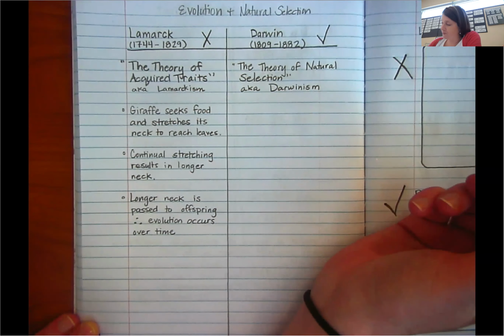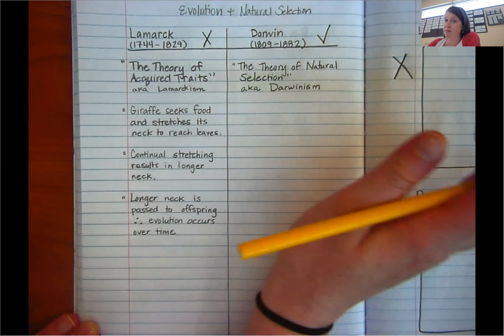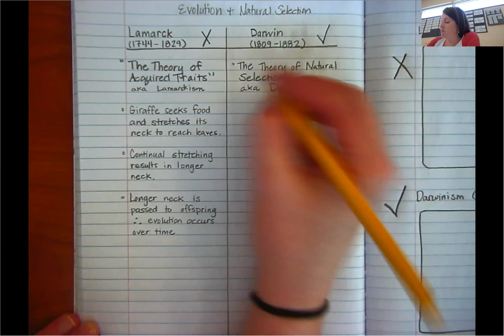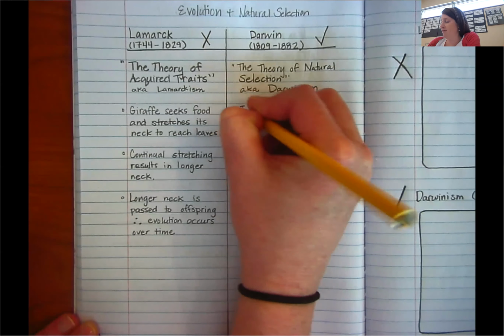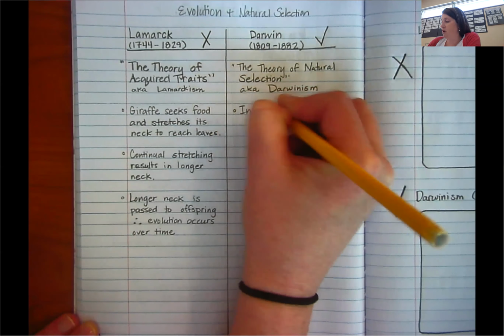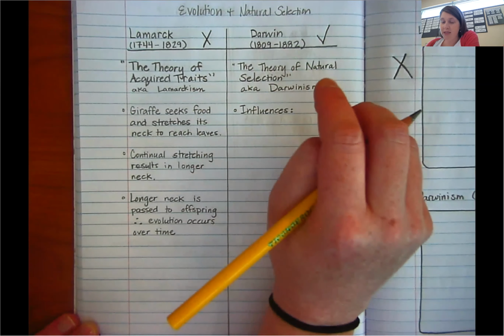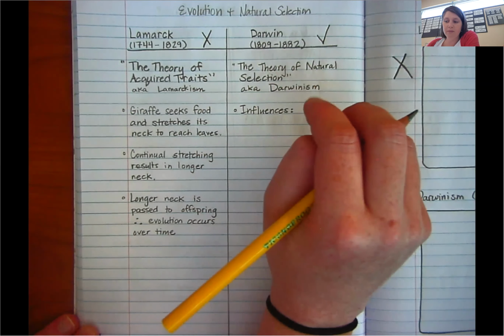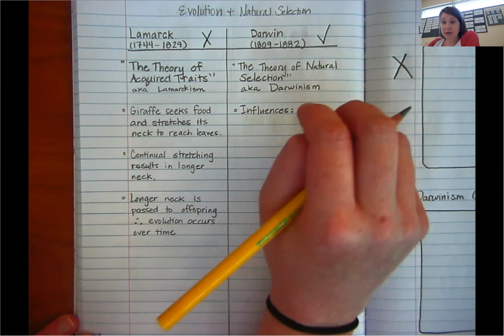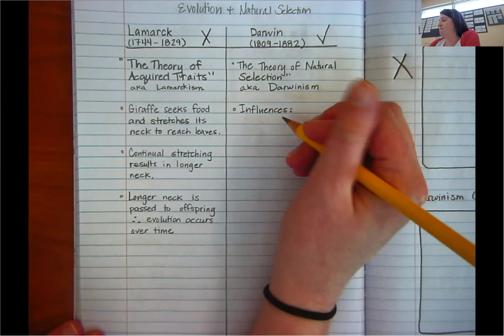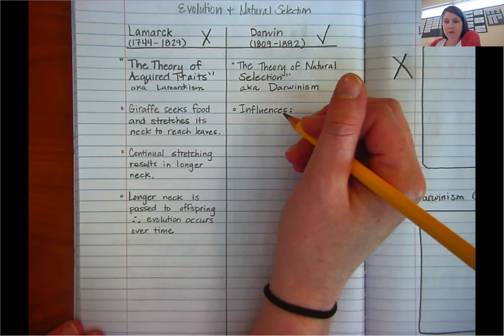Now, he had many influences which made him start to believe his theory. Some of his influences are kind of an important component because they're part of what built his evidence. Now, keep in mind, DNA had not been discovered yet. Well, it's said that it was first discovered in the 1860s by a French chemist, but that hasn't been widely shown or accepted and doesn't really influence Darwin at all.